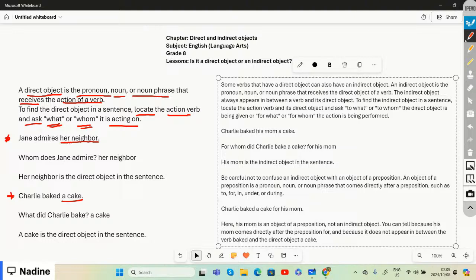All right, so that is basically our direct object.